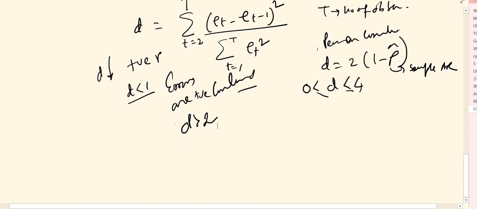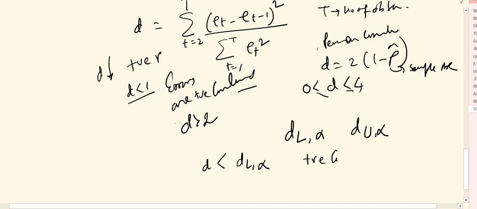Let's talk about it in an elaborate way. Let DL be the lower critical value and DU alpha the upper critical value. If the D value is less than DL alpha, there is statistical evidence that the error term is positively correlated.